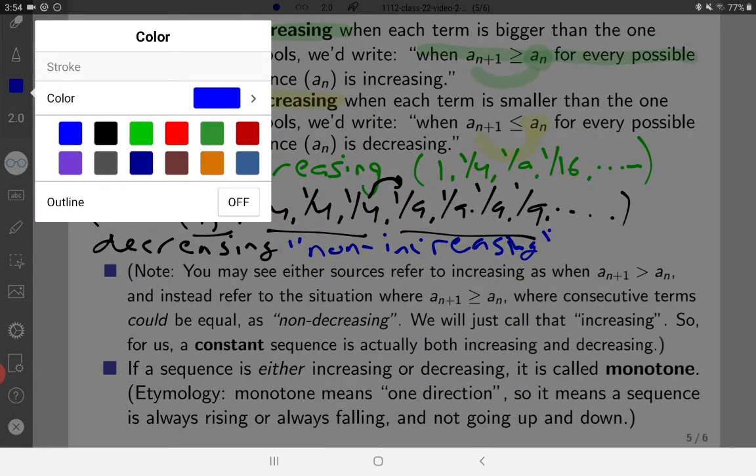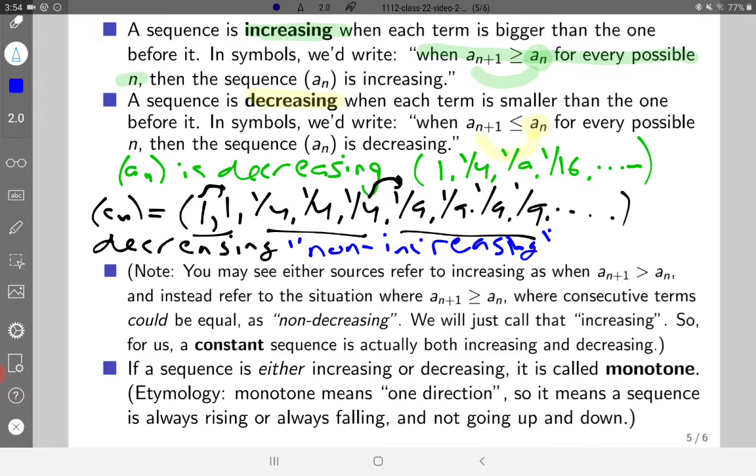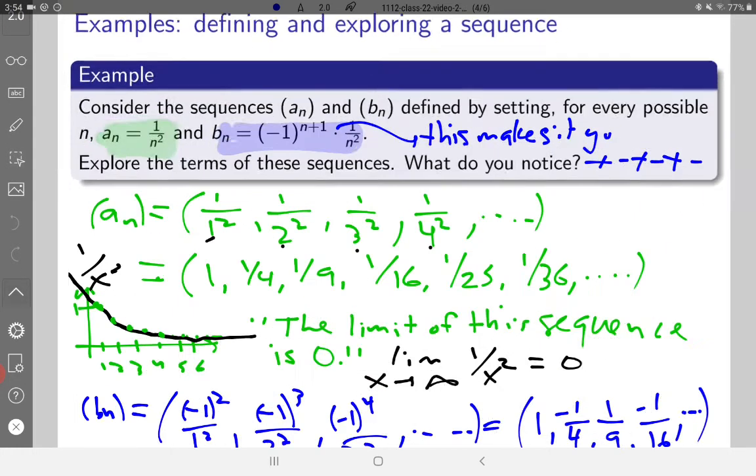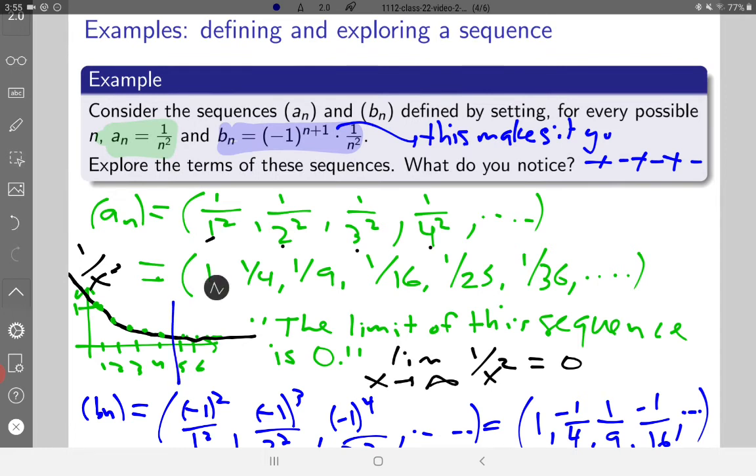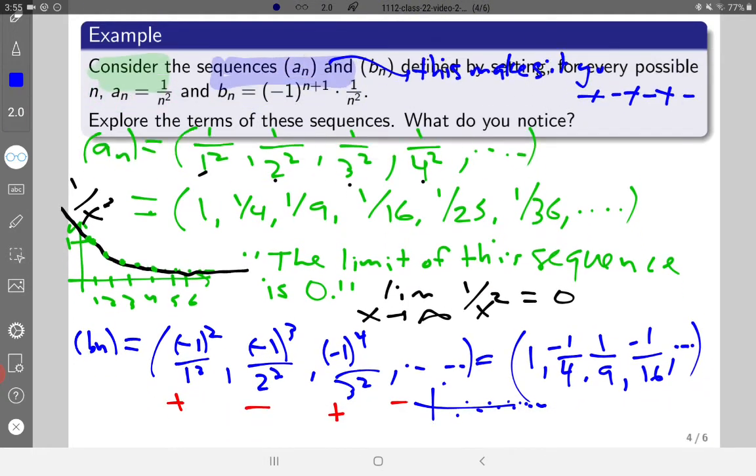But I'll just mention right here that the Bn sequence we were talking about on the previous slide, that one is neither decreasing nor increasing. Go back to those values here. Notice how they were sometimes jumping up and sometimes jumping down in value.